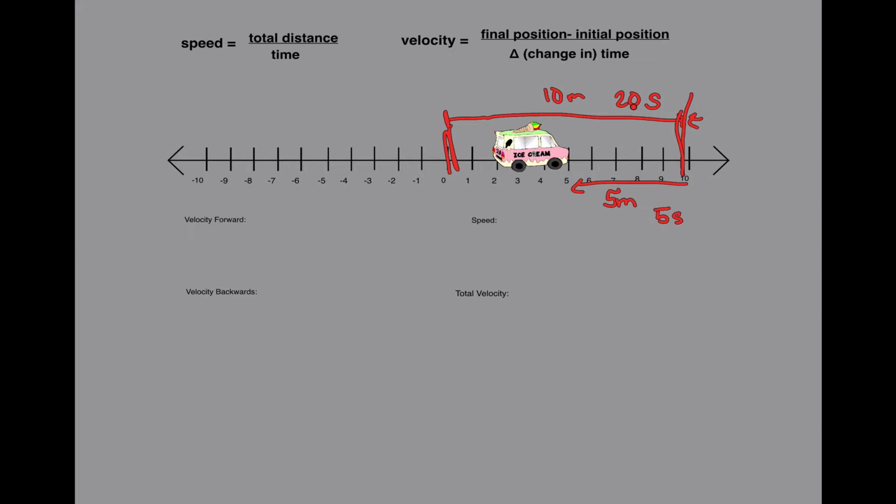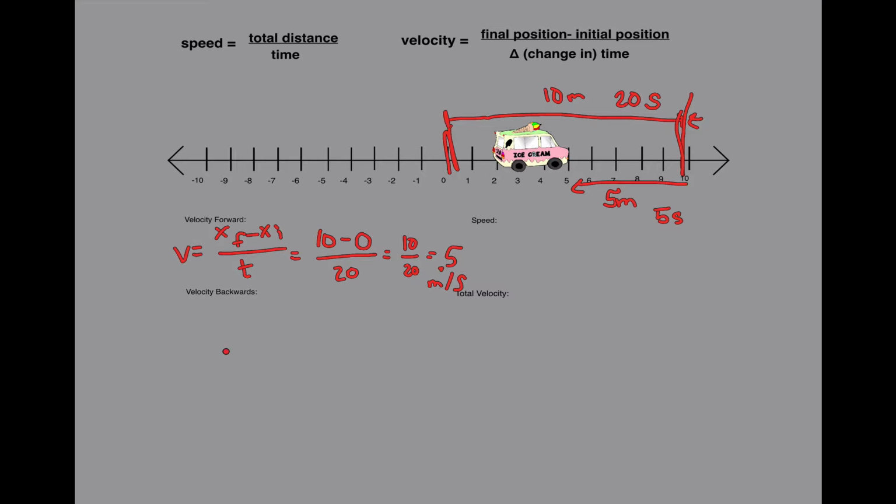So forwards, if we use our equation of xf minus xi over t, his final position was the 10-meter mark. So 10, his initial position was 0, over 20 seconds. 10 over 20 is 0.5 meters per second.